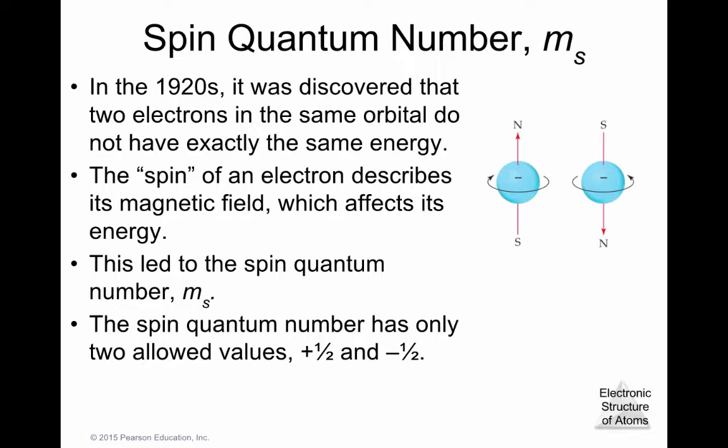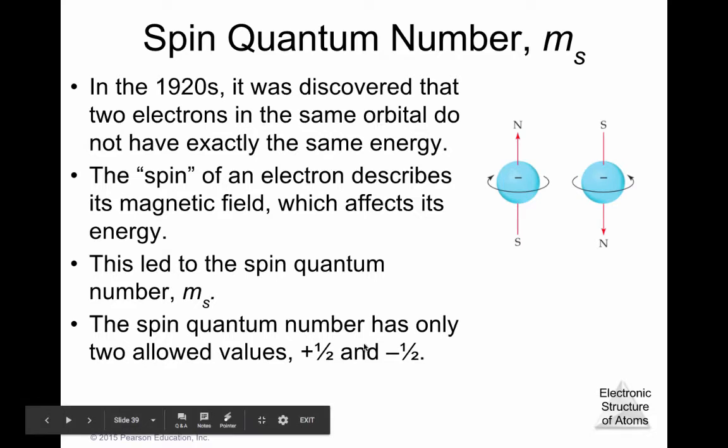And that is because of the magnetic field that describes the electron. So you can think about this as them spinning in opposite directions, and we have a little image over here illustrating that. The way we do it in terms of the quantum number is that we assign them either a positive 1/2 or negative 1/2 value.